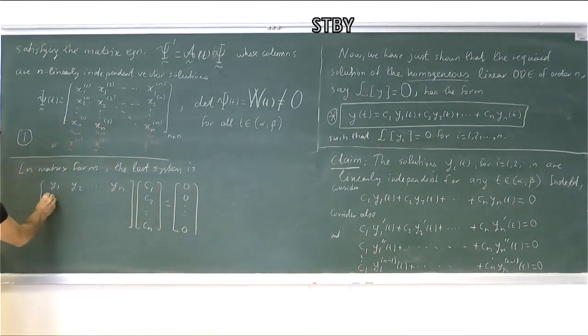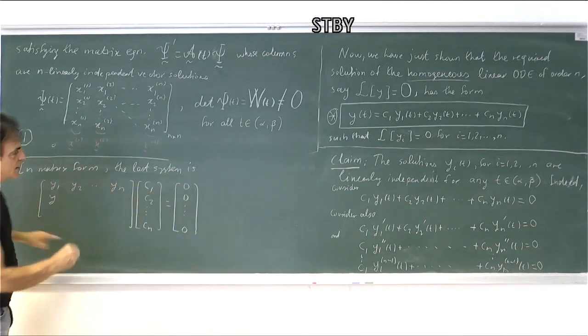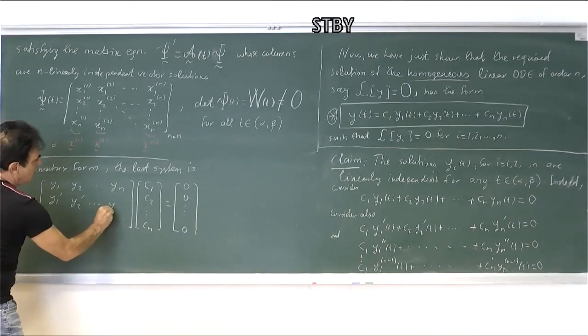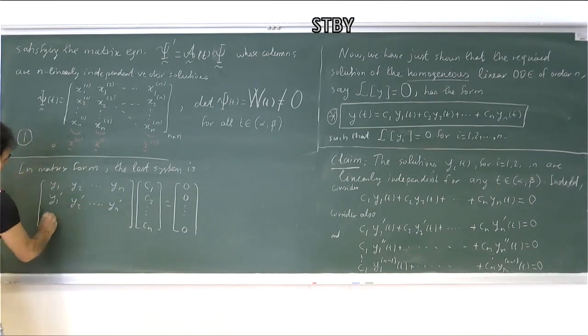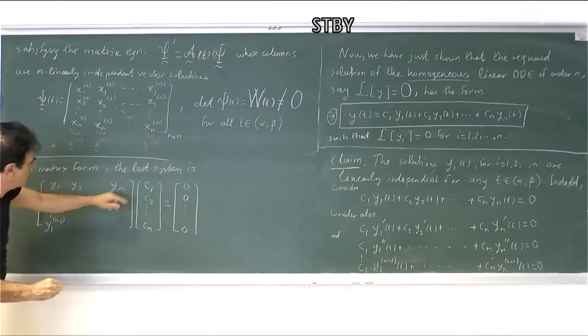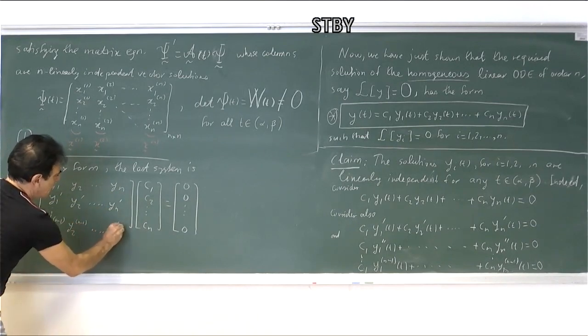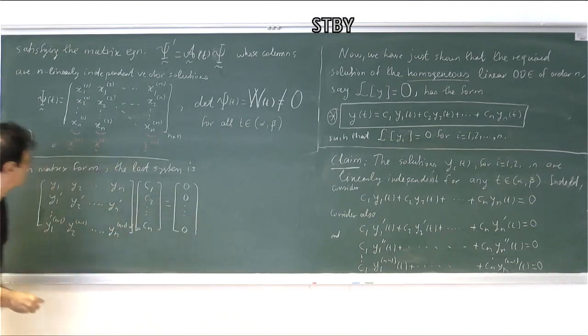Good. So the second equation implies that we have y1 prime, y2 prime, yn prime. And the last equation implies that y1 n minus first derivative, y2 n minus first derivative, yn n minus first derivative multiplied by this is 0.